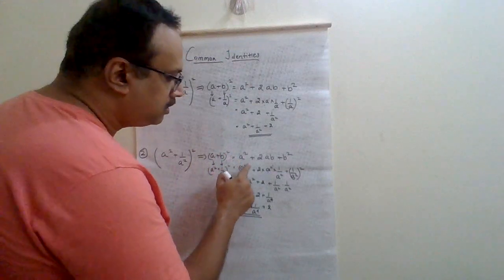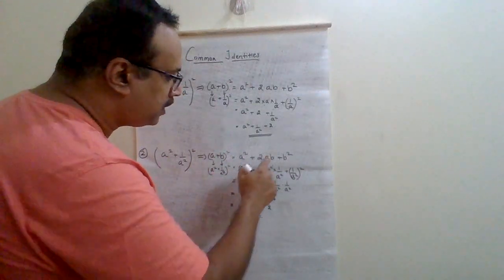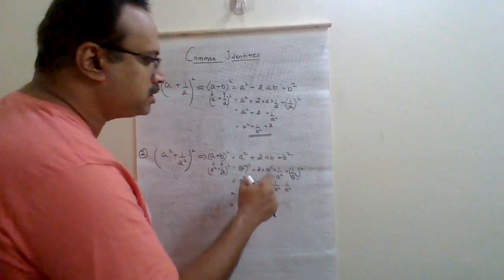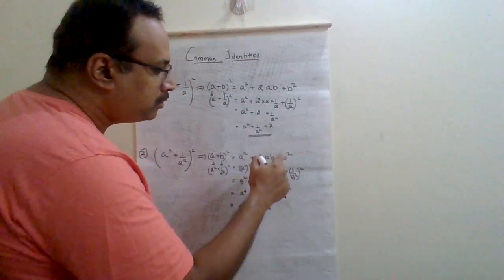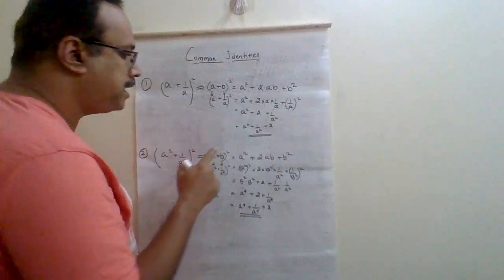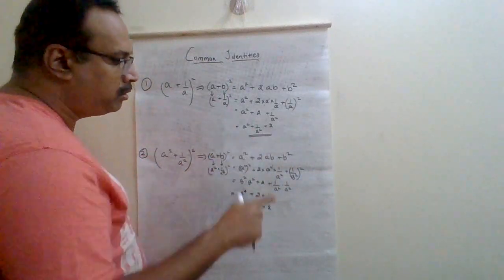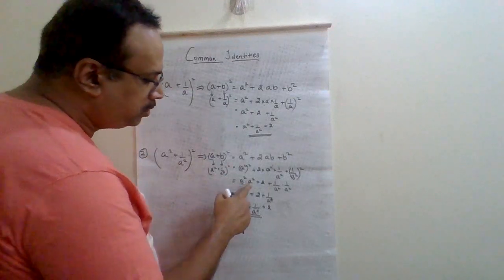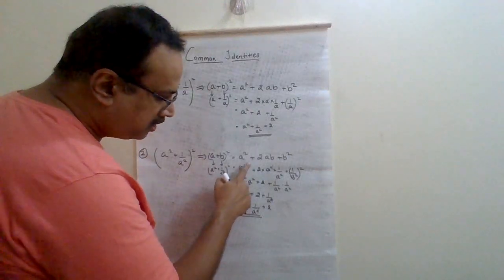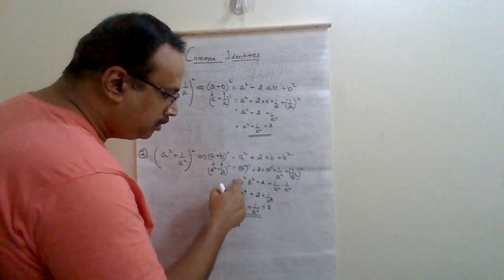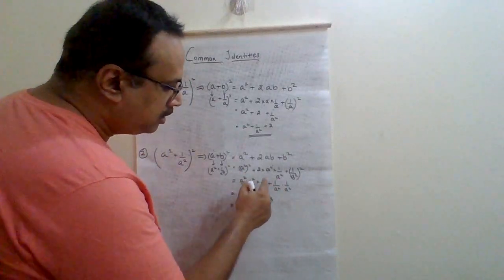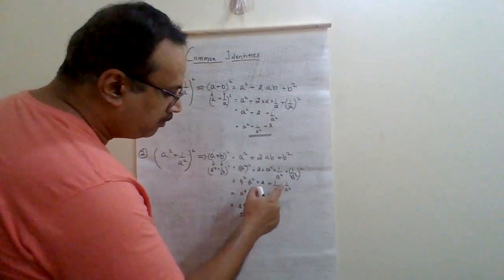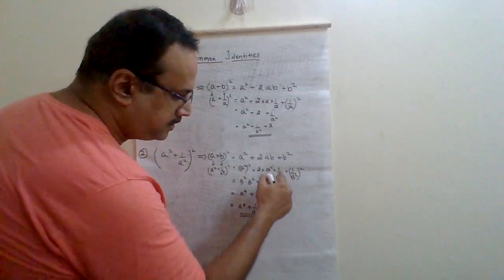And plus 2 times a squared into 1 by a squared. Why? A is a squared, b is 1 by a squared, and plus b squared is what? B is 1 by a squared, so 1 by a squared the whole squared, right? So we put it here. So a squared into a squared. Why? A squared is repeating twice. Plus 2 plus 1 by a squared into 1 by a squared, right? Why? Because it is twice.